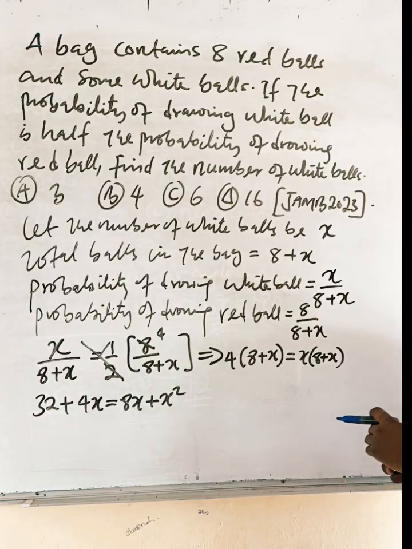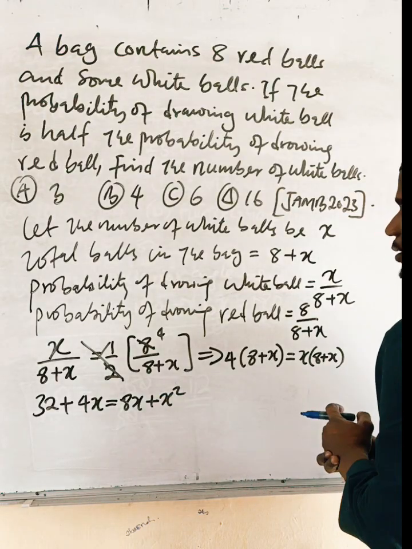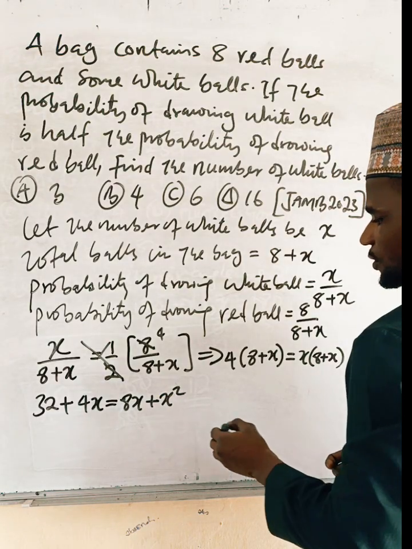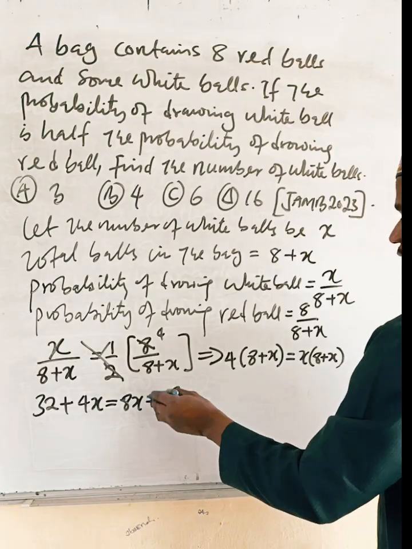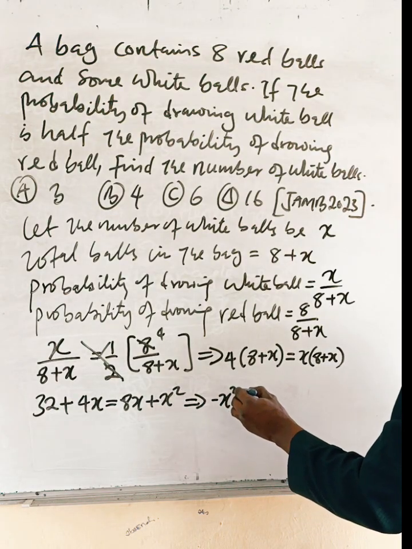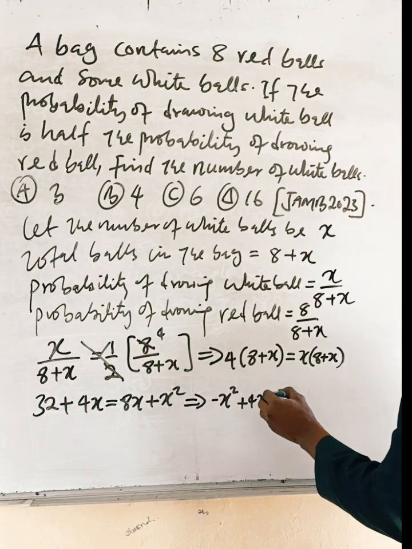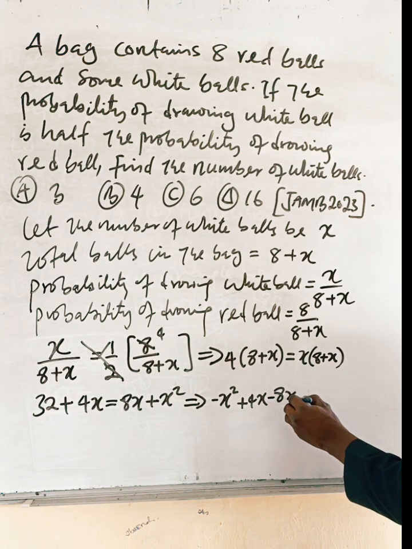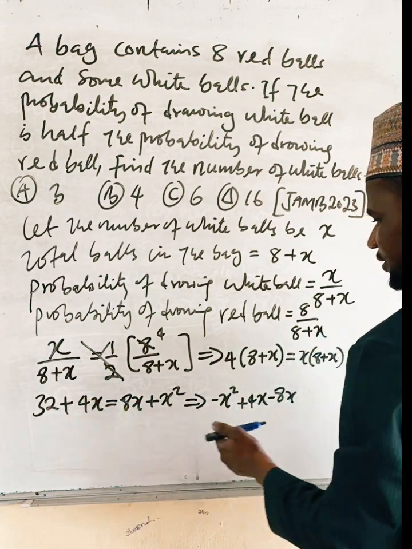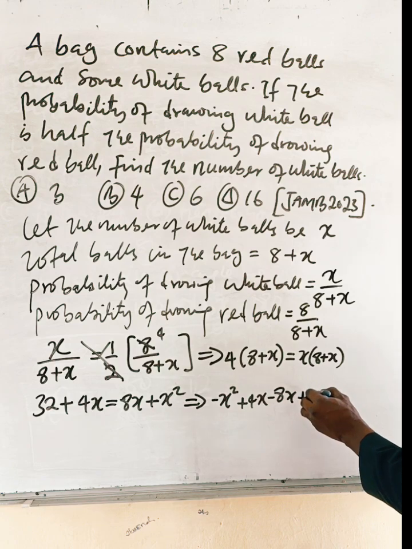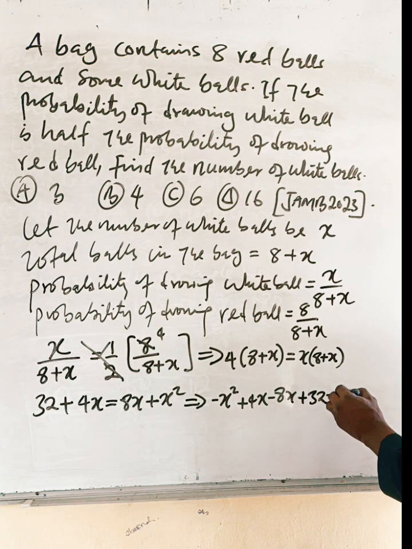Now you have to subtract this and make it a standard quadratic equation. So we have minus x squared, then plus 4x, 8x goes there and becomes minus 8x, then plus 32 is already there, then equals 0.